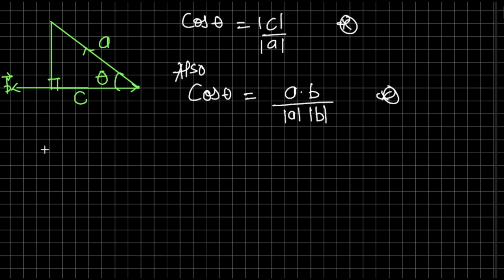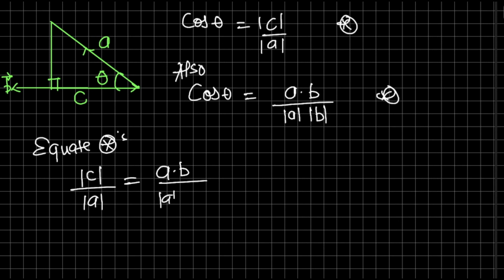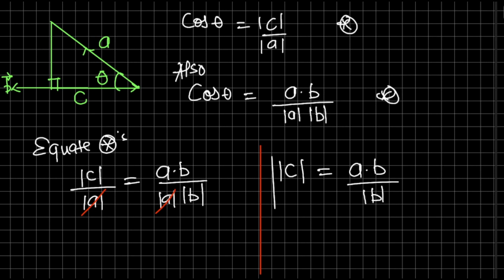So if we equate the two equations, we have magnitude of C over magnitude of A equals A dot B all over magnitude of A multiplied by magnitude of B. The magnitude of A and magnitude of A cancel each other, and therefore magnitude of C equals A dot B all over magnitude of B. And this is called the scalar projection.